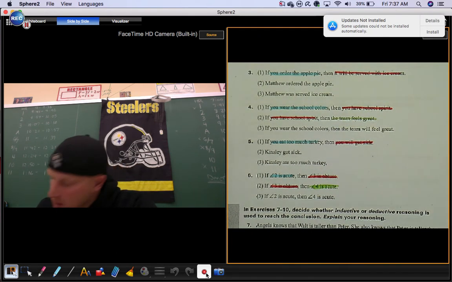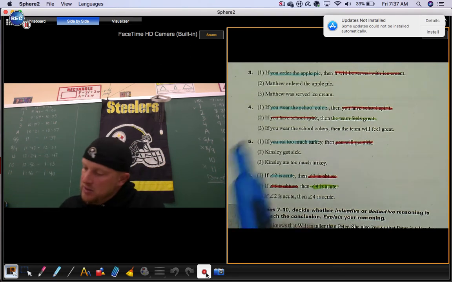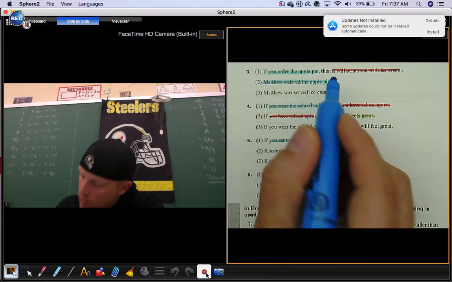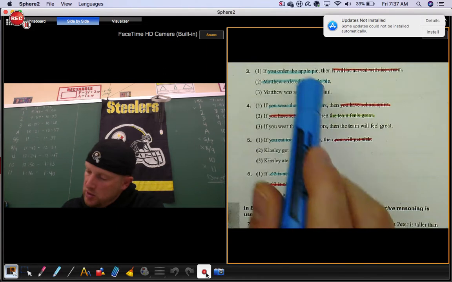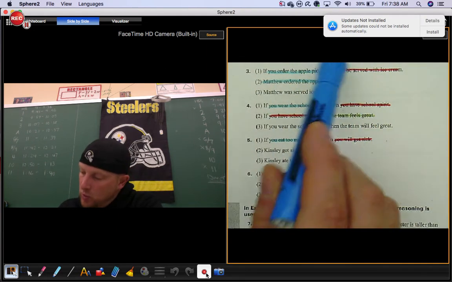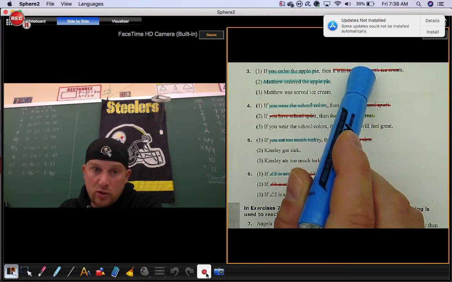Number 3, if you order the apple pie, then it will be served with ice cream. We don't know, but we're assuming that's true. Number 2, Matthew ordered the apple pie. Notice how that's talking about the hypothesis, somebody ordering apple pie. So if this is true and the hypothesis is true, we know that the conclusion is true.